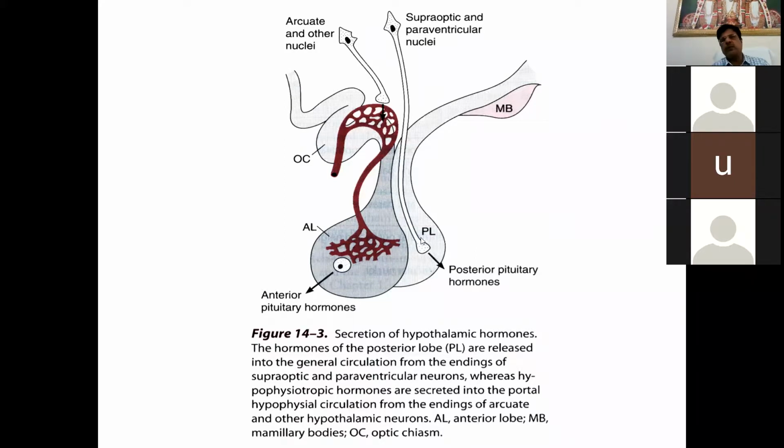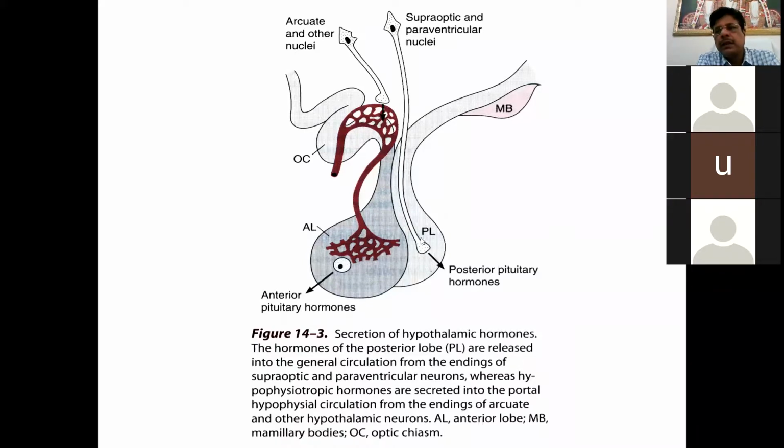Chromophobic and chromophilic. So those cells which took up a stain were called chromophilic. Philia means love. And those cells which did not take up the stain were called chromophobic.